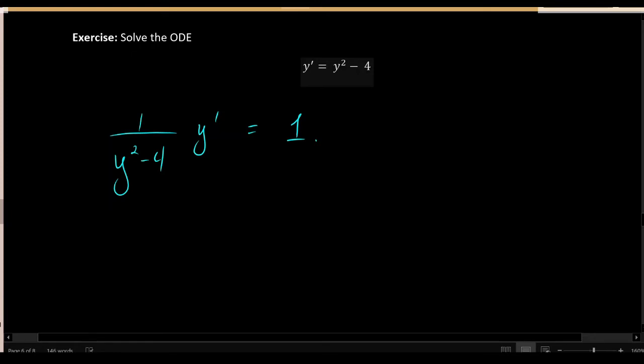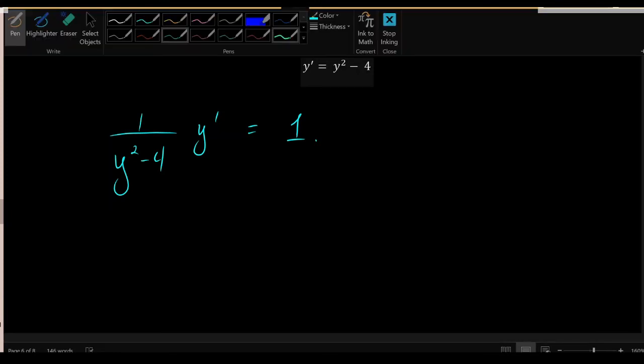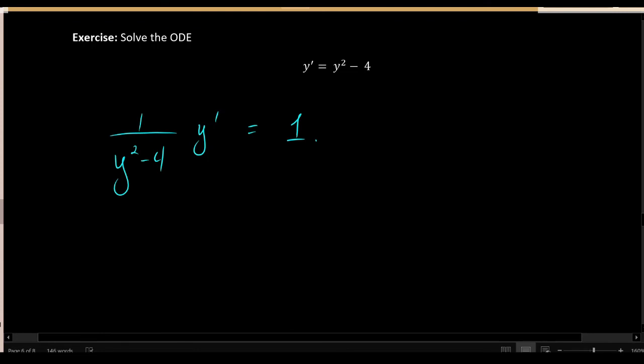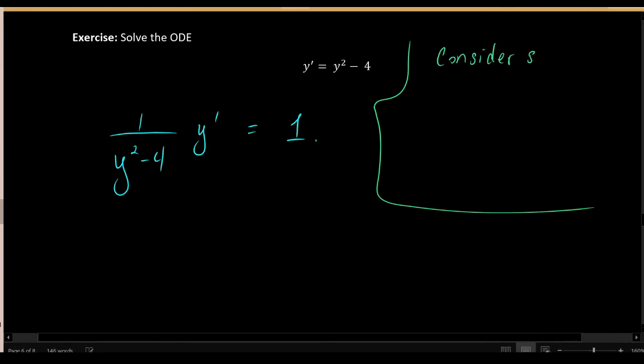But we have to be careful. We just divided both sides of an equation by something that contains a variable. So we need to consider the case separately that the thing that we just divided might be 0, which would mean that y would be equal to either plus or minus 2, these two constant functions.